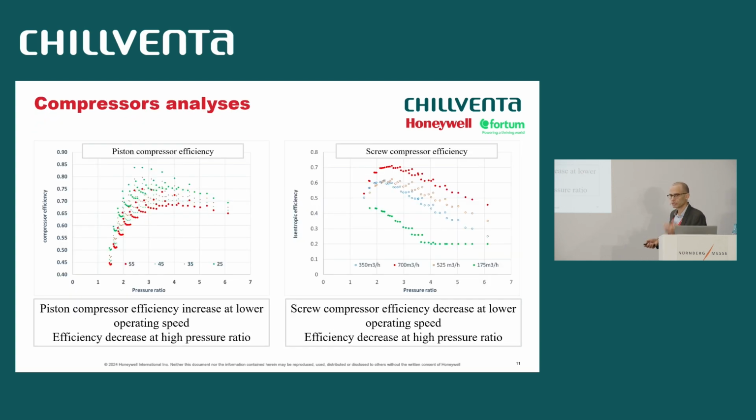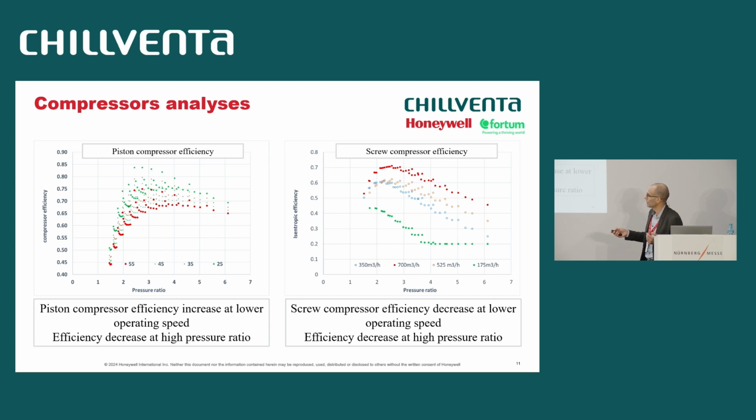In order to make the modeling of this configuration, we tried to analyze different compressor options. Of course, these data are from compressor manufacturers. This analysis led us to decide that we need a very simple compressor model in order to make this comparison of the different configurations, because there is a big impact of the pressure ratio on compressor performance.